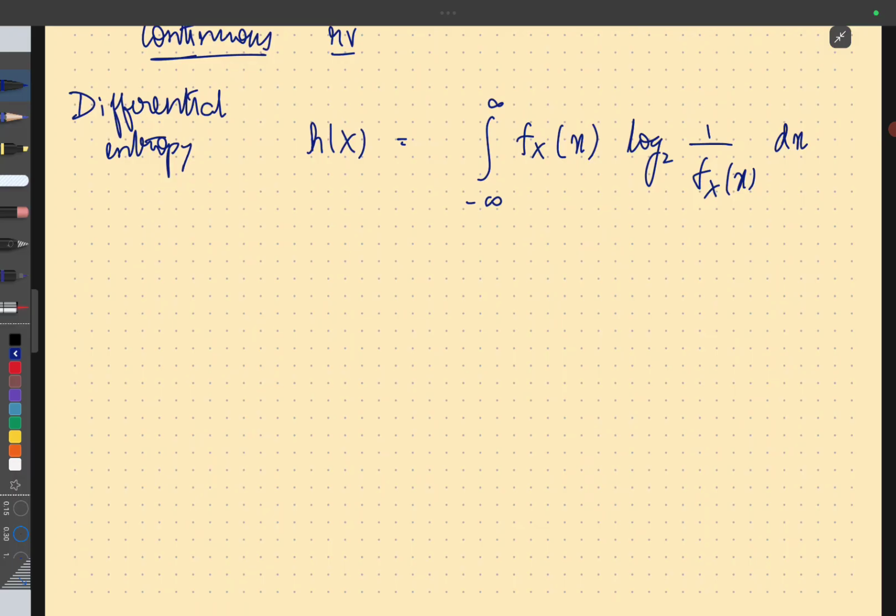So let's just start by calculating the differential entropy for some simple random variables. Let's take the uniform random variable from, say, 0 to alpha. So suppose that x is uniform 0 to alpha.